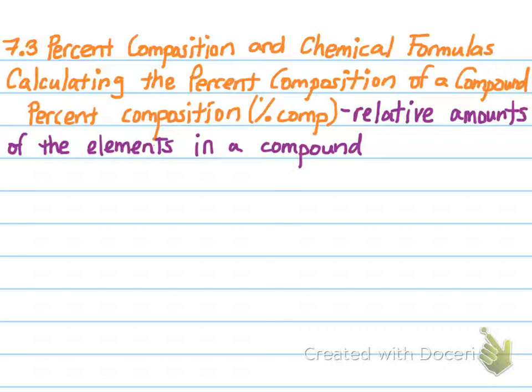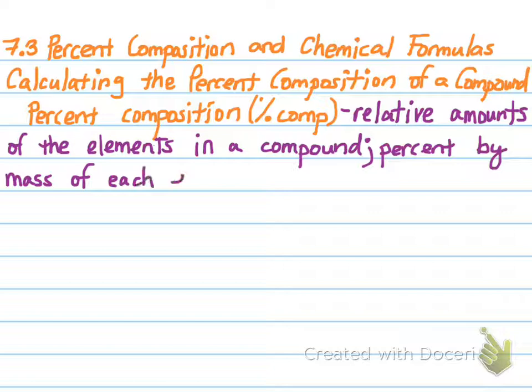Another way to define percent composition is to say that percent composition is the percent by mass of each element in the compound.